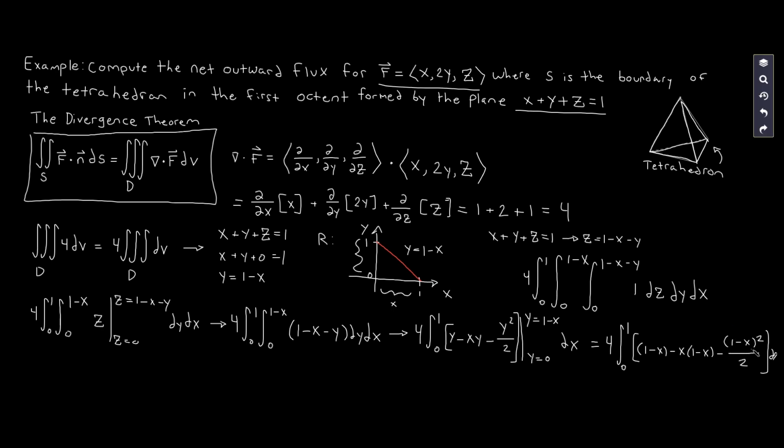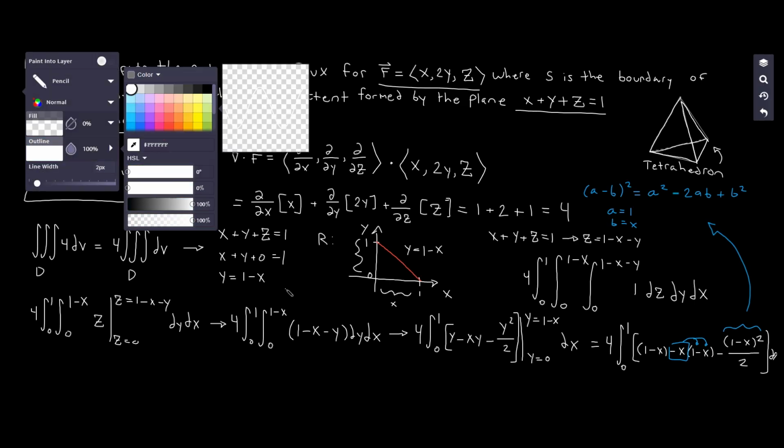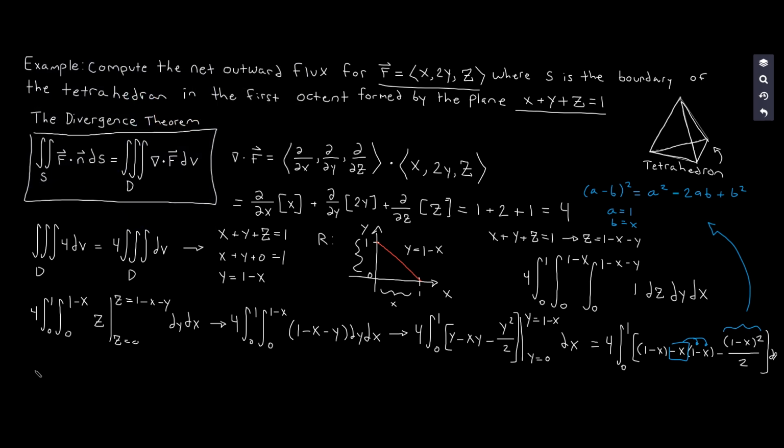This 1 minus x squared here is the same thing as a minus b squared, only here a equals 1 and b equals x. Also, this negative x gets distributed to this binomial. So there's some changes that are going to be taking place in this integrand.